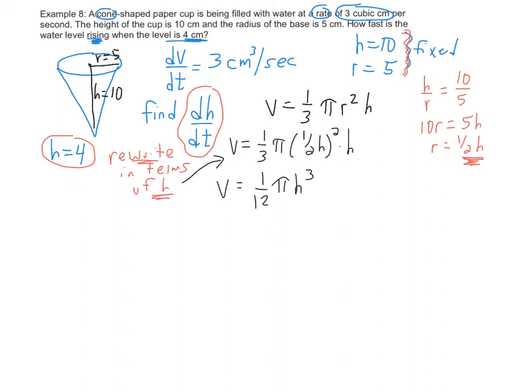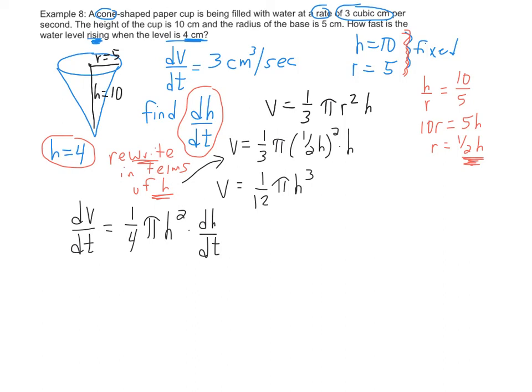Okay, so our derivative here, let me go off to the side. We'd have dV/dt. Now we're going to do our power rule, so multiply that 3 down to that 1/12. You get 3/12, which is 1/4, and then pi h squared. Please excuse my kids in the background. So we have a dh/dt because we just took a derivative of an h term.